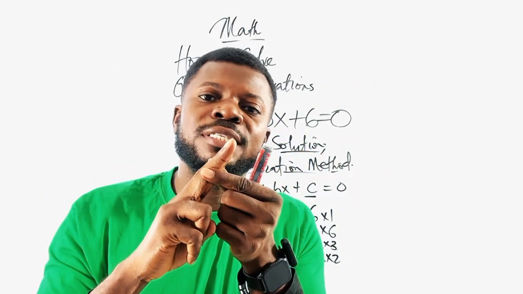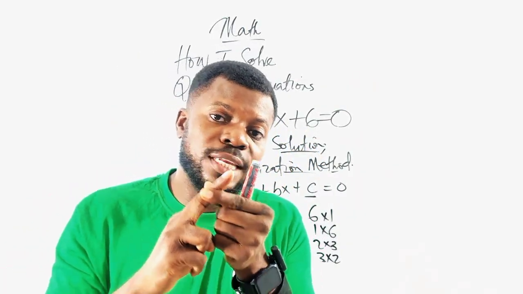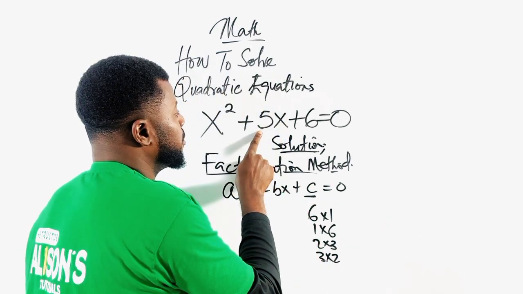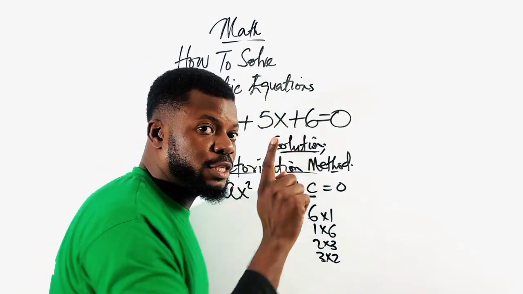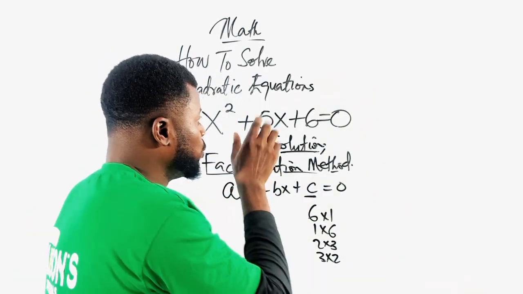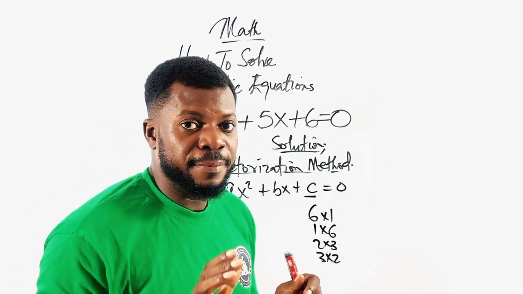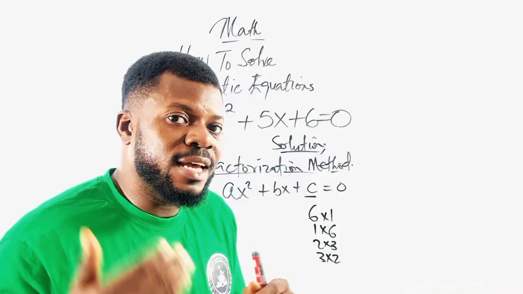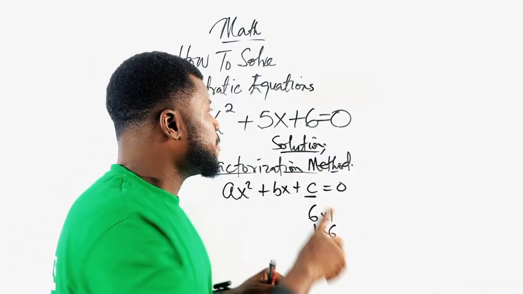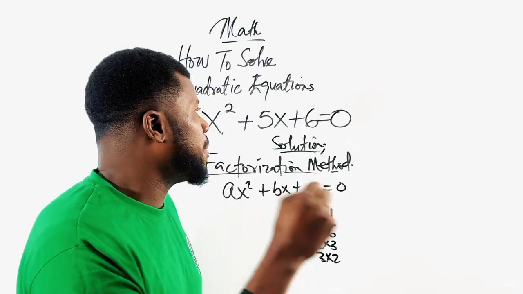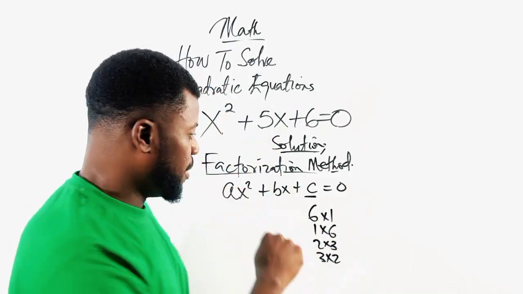If you add those same two numbers, they give you 5. Remember the signs are plus. Pay attention to the sign. This one is plus plus, so there is no problem. Other ones will change the sign, but this one is plus.